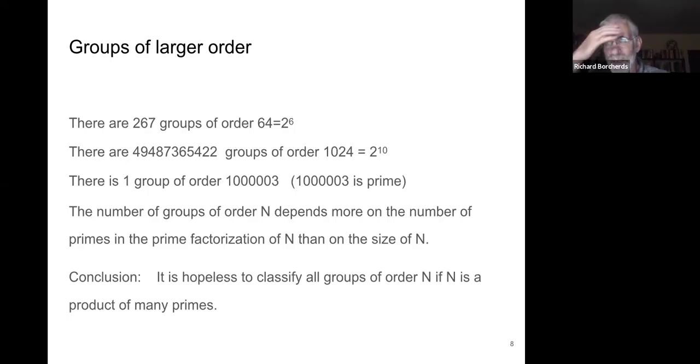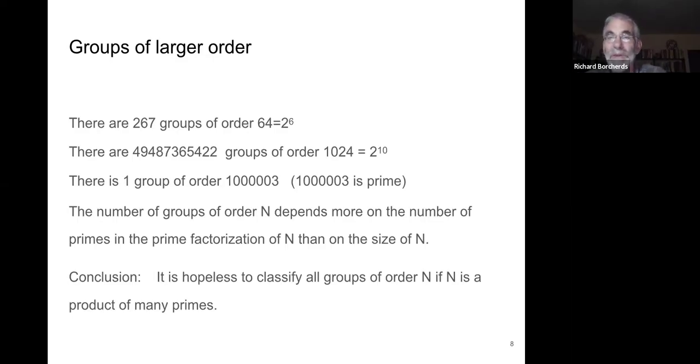However, the number of groups of a different order doesn't depend just on the order. For instance, if you ask for groups of order 1,000,003, there's only 1 group of that order, and the reason is that 1,000,003 is prime. It turns out that the number of groups of a different order depends more on the number of primes dividing the order than on the order itself.